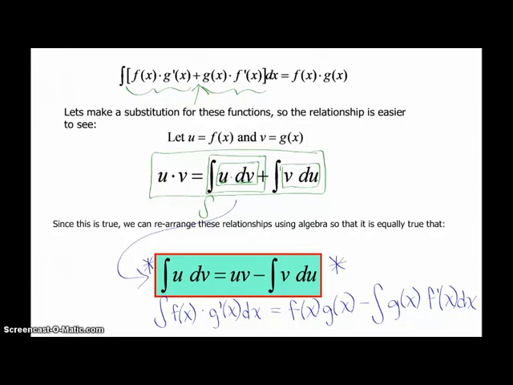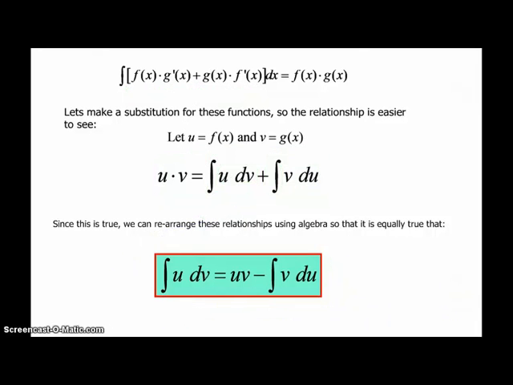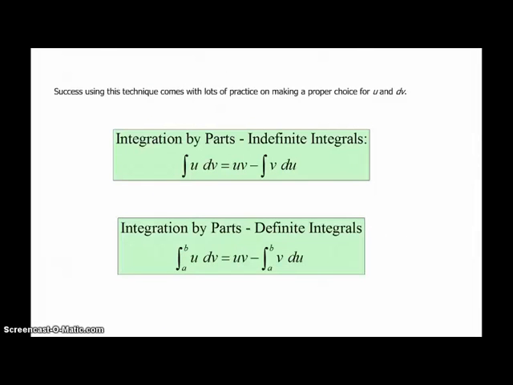So this allows us to find a way to integrate, to find the antiderivative, when we have the product of two completely unrelated functions. And we do this with integration by parts because remember, integrals do not break up over multiplication.